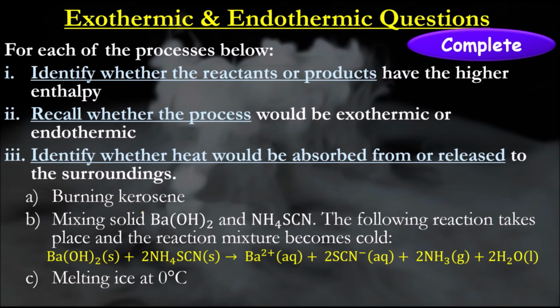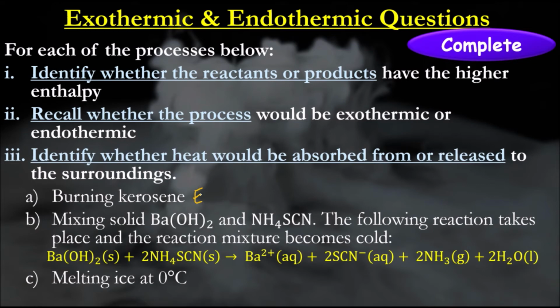So first one, burning kerosene. If we're burning something, we're actually causing a formation of bonds, and if you've ever burnt something, we would experience a higher temperature. So what's actually happening here in terms of burning kerosene, it is an exothermic reaction.